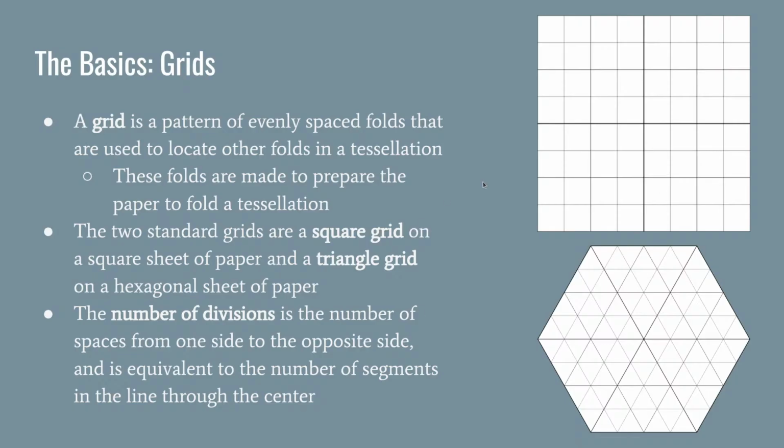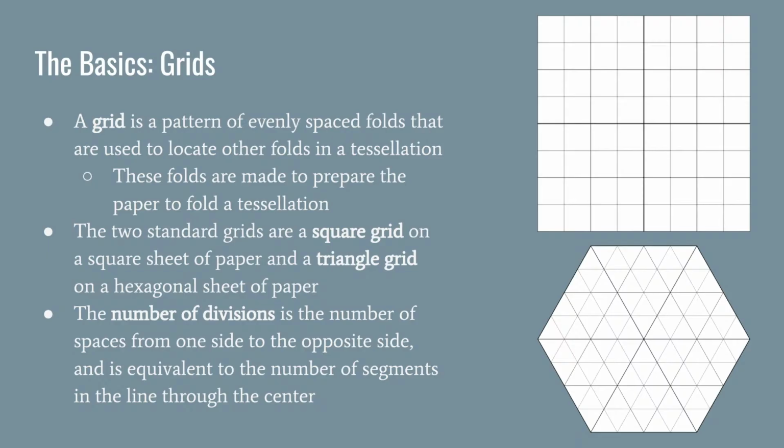So the basics of origami tessellations start with the grid. And I define a grid as a pattern of evenly spaced folds that are used to locate other folds in a tessellation. And these folds are made to prepare the paper to fold the tessellation, and we'll get into the math of what a tessellation is.